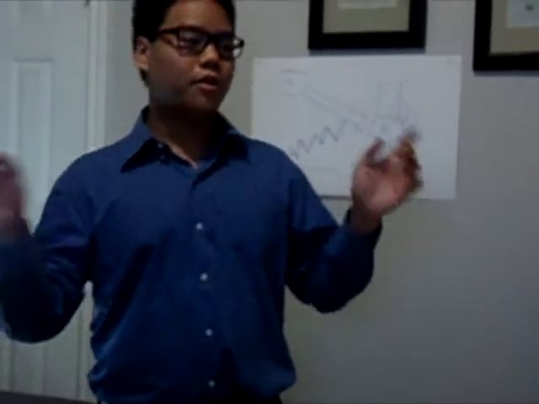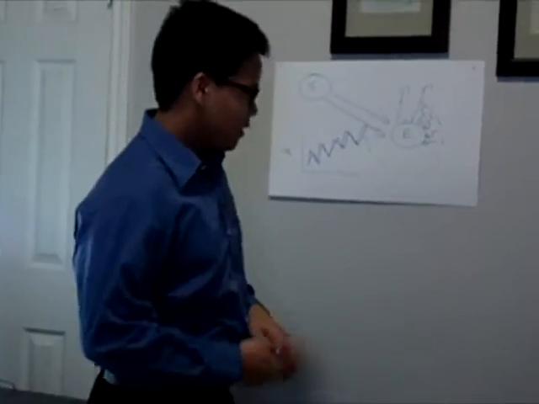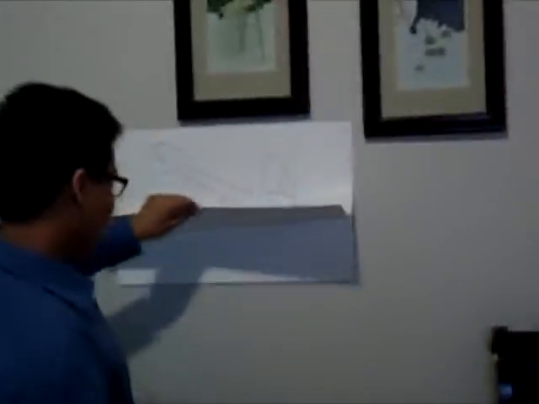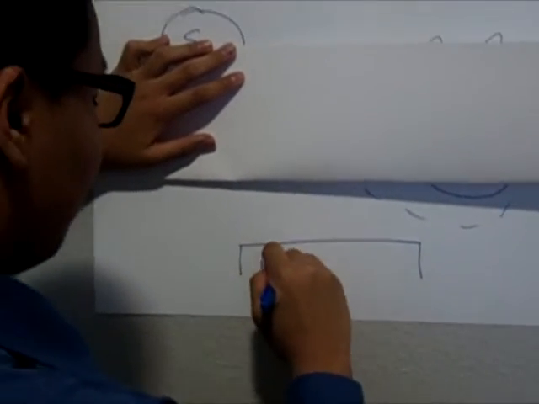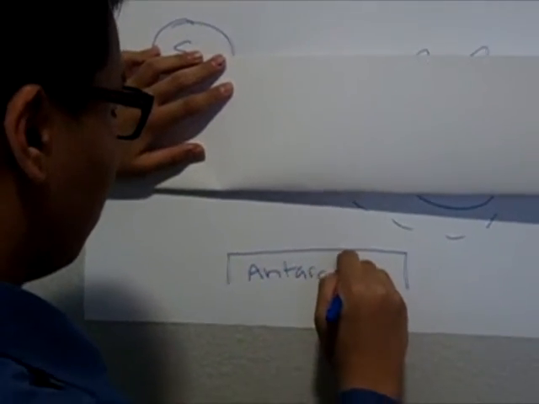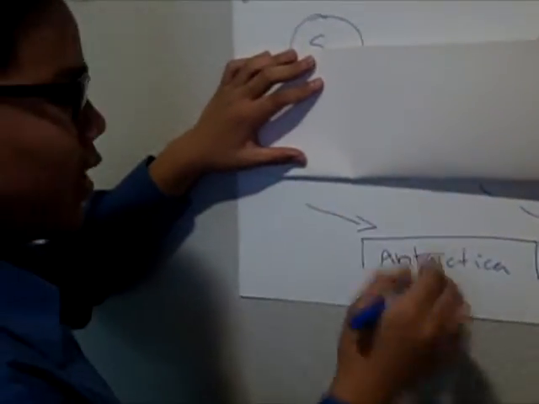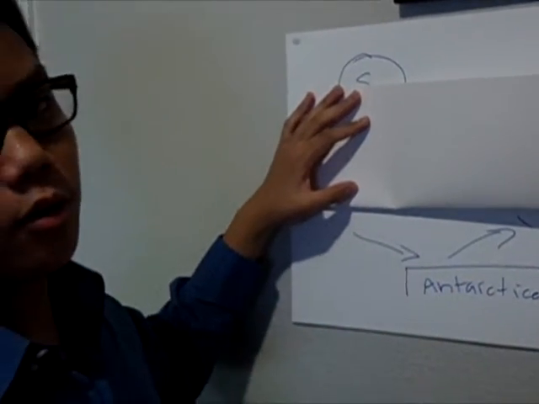And then if you heat the ice caps, like if this is a polar ice cap, let's call it Antarctica. It has this effect called albedo. Albedo is when the sun sends in light, it reflects light. So then it keeps our Earth cool.